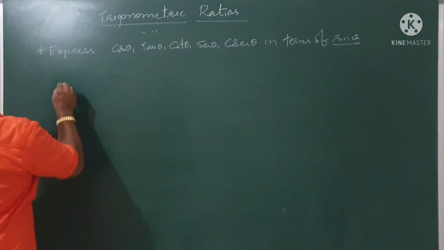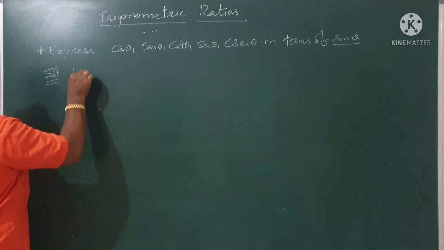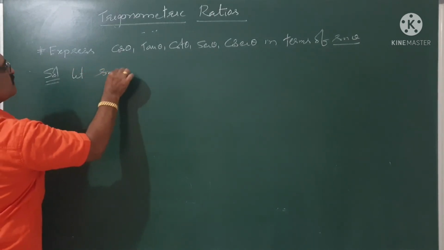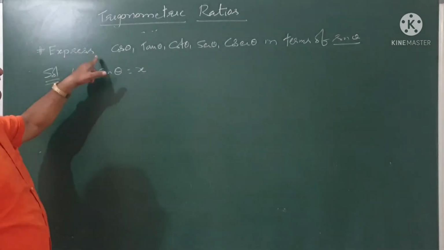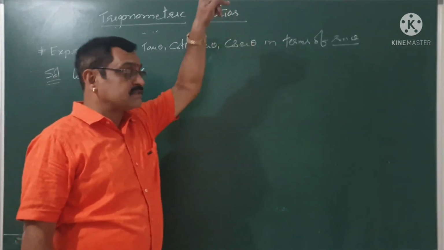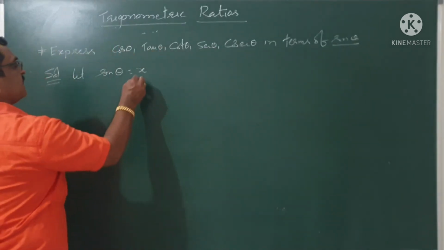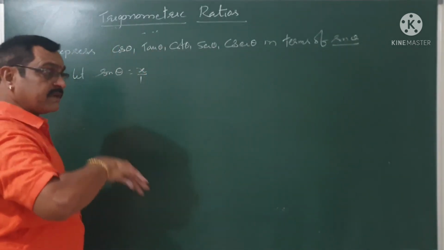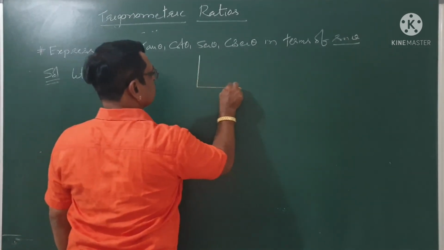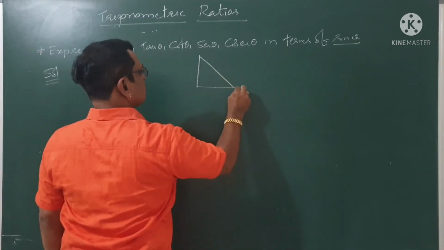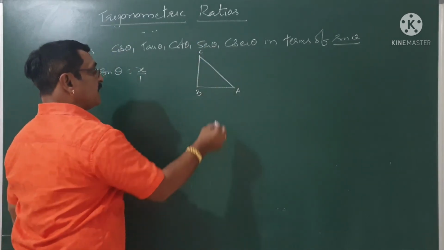So first of all, very simple. Let sin theta be equal to x. We are going to express all the five in terms of sin. So take sin theta equal to x, which I can write as x by 1. Consider a right angle triangle ABC, where this is theta.